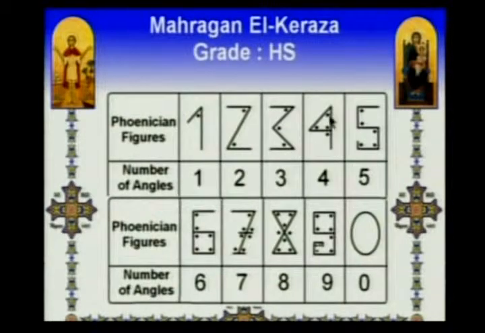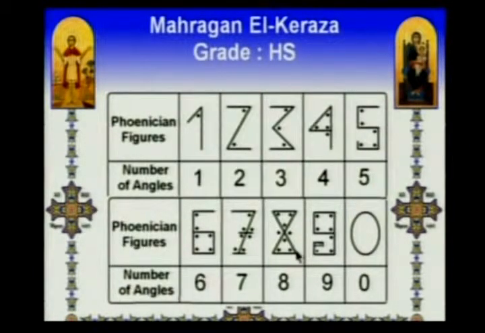The next one has 4 angles: 1, 2, 3, 4. The next one has 5 angles. The next one 6 angles, and this stands for 6. 7 they used to write with a line at the middle and a line at the bottom, and when you count the angles, there are 7 angles. That's why it is 7.